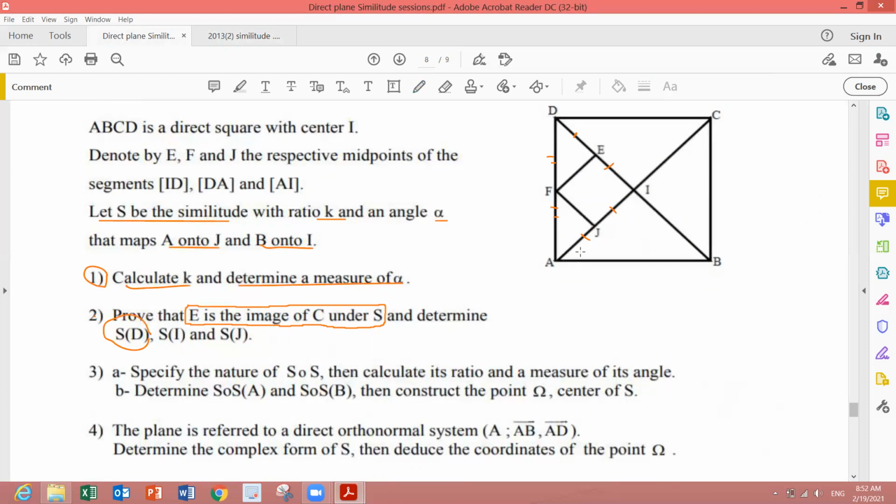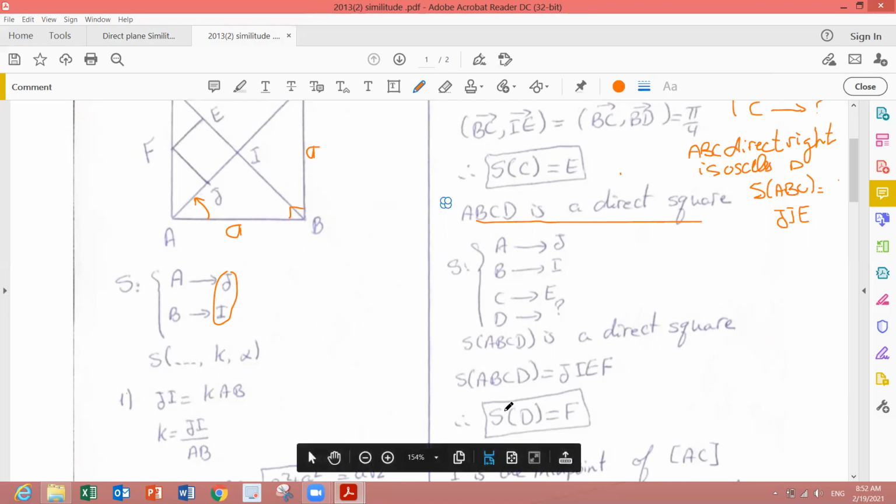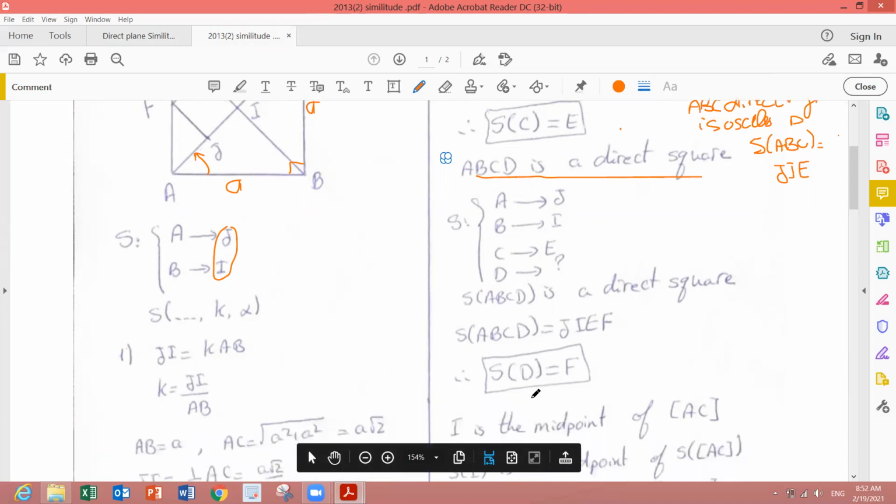A goes to J, B to I, C to E, so the image of D will be F. So here we write: ABCD is a direct square, so S of ABCD is a direct square JIEF. Therefore S of D equals F.